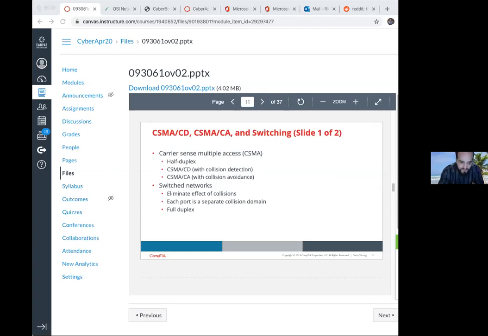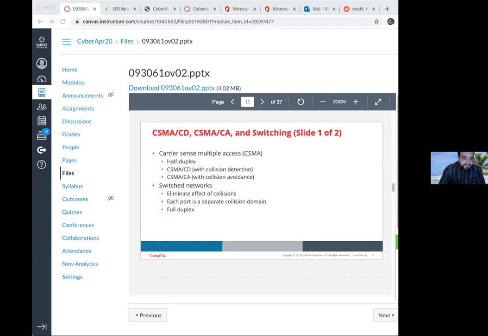Then we have CSMA/CD. Let's talk about this first. Ethernet protocols that decide contention and media access are called carrier sense multiple access protocols.